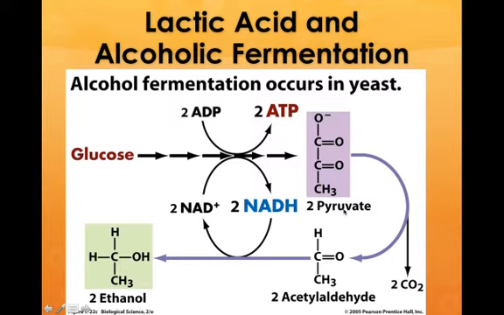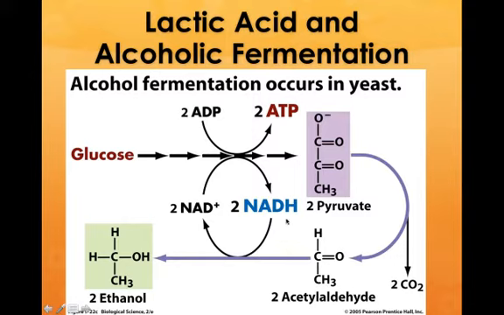Glucose is made into 2 pyruvate, making 2 ATP, but the pyruvate gets made into something called acetaldehyde, which is the loss of 2 carbon dioxide molecules, 1 per acetaldehyde. And the carbon dioxide is this one right here. Remember, this pyruvate, if it was going into the pre-TCA reactions, we'd still lose these carbon dioxides. So in alcoholic fermentation, we have an intermediary here, acetaldehyde.